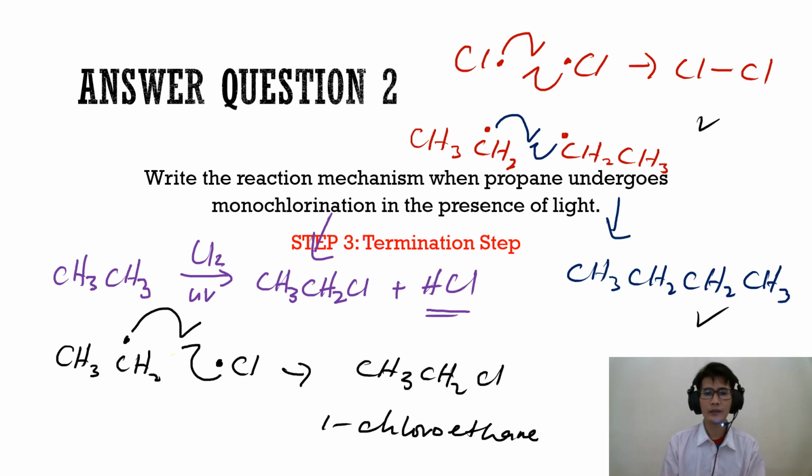Okay, but you need to bear in mind that when we do the exercise for the question number 1 just now, okay, the propane will produce two possible haloalkane product, which is 1-chloropropane and also 2-chloropropane. Therefore, okay, in the first propagation step, there are 2 equations. In the second propagation step, there are also 2 equations.